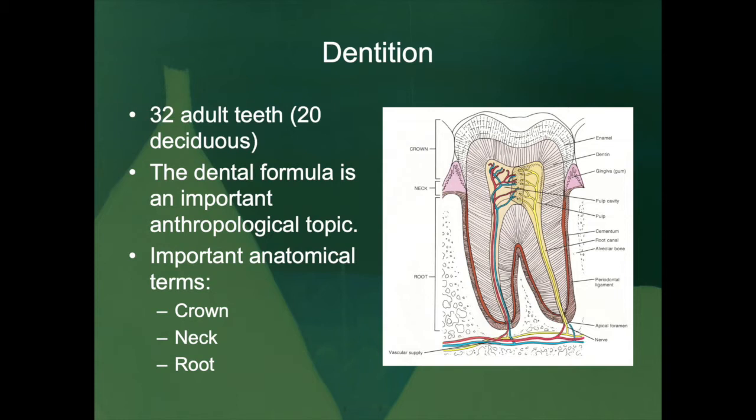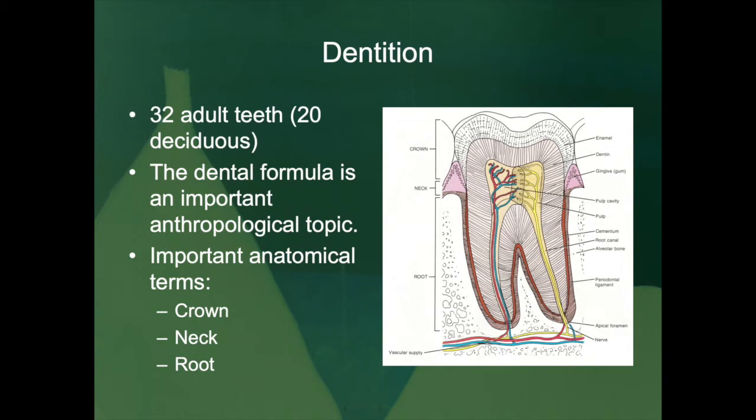The alveolar processes are covered by gingivae, or this kind of gum material, which extends slightly into each socket, forming that gingival sulcus. And you can see that on the diagram here in terms of where that gingiva is located.